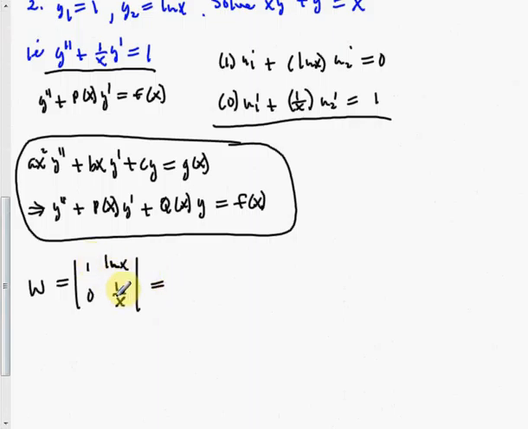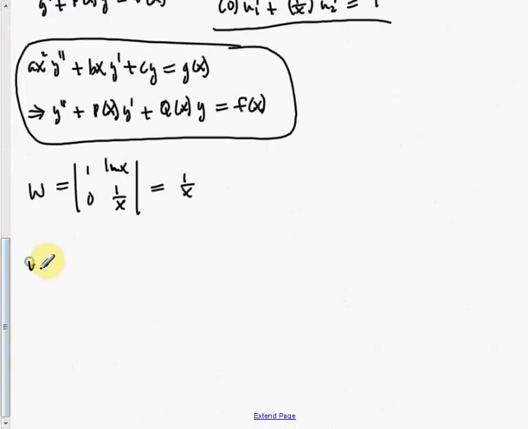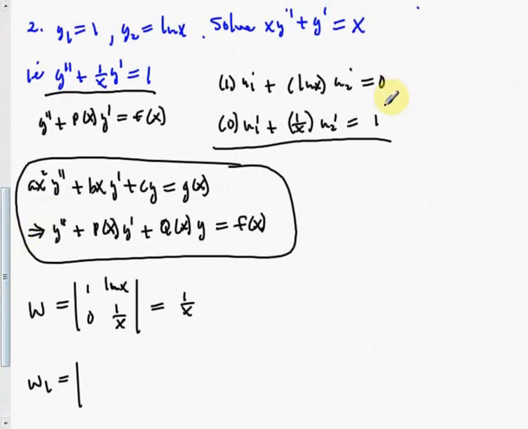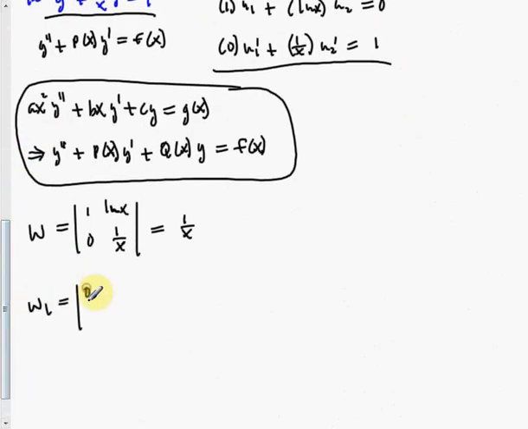So 1 times 1 over x is 1 over x, minus 0 times natural log of x, so it's just 1 over x. W sub 1: replace the first column with 0, 1. So this is 0, 1, and then this is the natural log of x, and this is 1 over x.